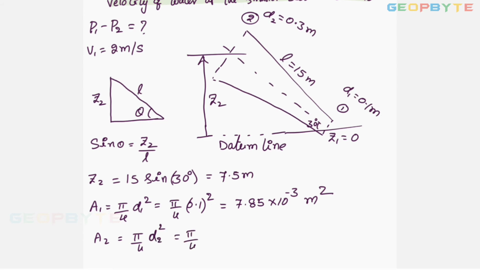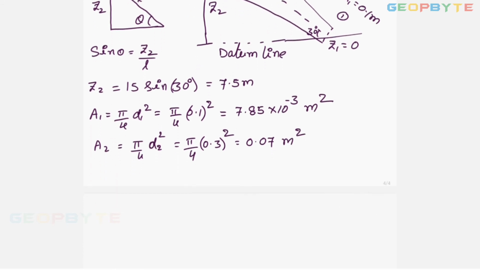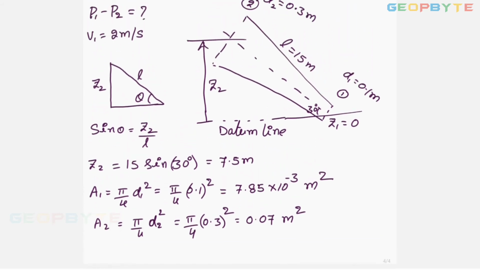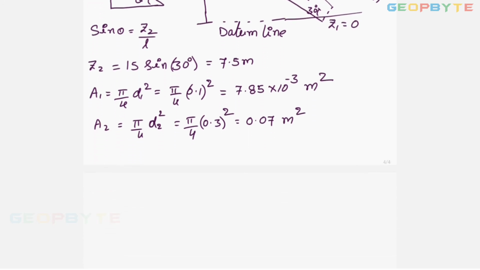Pi by 4 into 0.3 whole square. Simplify this value for getting the A2 as 0.07 meter square. Then continuity equation between 1 and 2, at section 1 V1 is known.